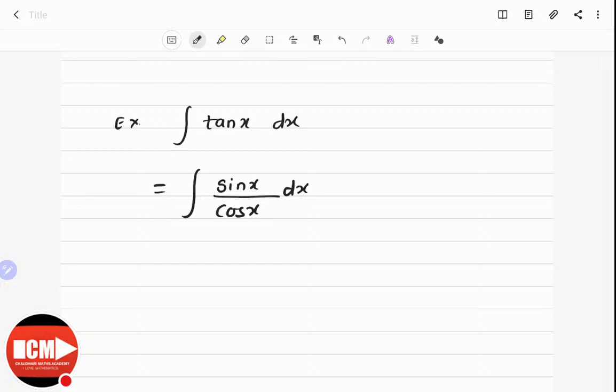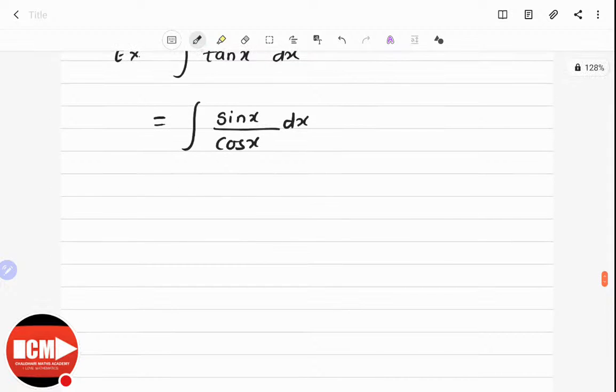So tan theta is sin theta divided by cos theta. If I treat cos x as the function in the denominator, what is its derivative? If f of x is cos x, then what is the derivative of cos x? Friends, the derivative of cos x is minus sin x, right?